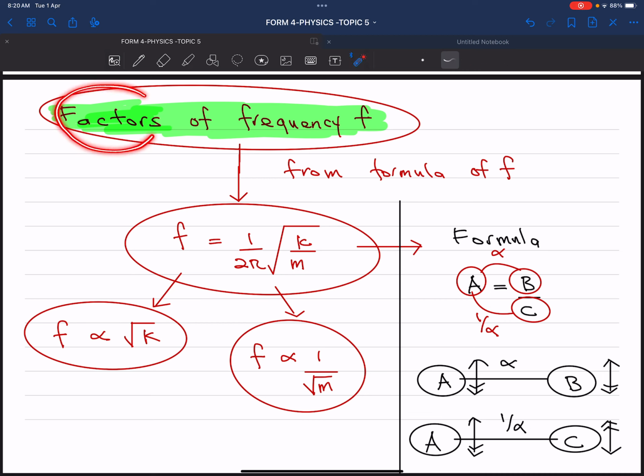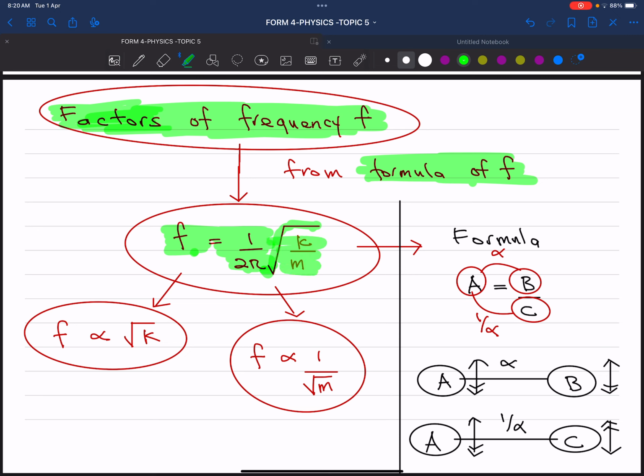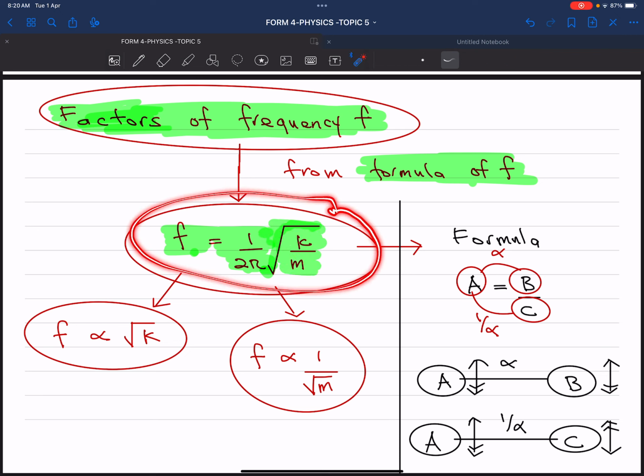To find the factors of frequency, we use the formula of frequency that we learned just now, that f equals 1 over 2 pi square root K over m. From this formula, we are going to get the factors of frequency.